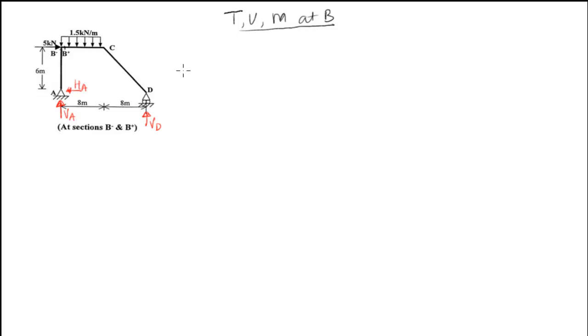And now you got a UDL here, so you can make a resultant force, which is 1.5 times the length, which is 8 meters. So 1.5 times 8 equals 12 kilonewton, okay. So your first thing to do is to find all the reactions here, VA, HA and VD, okay. So this is easy to do.